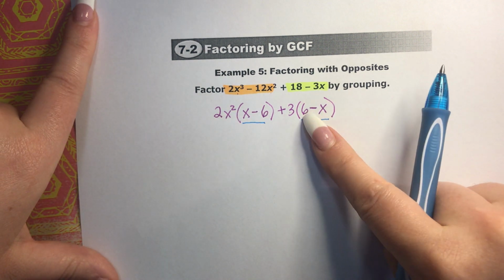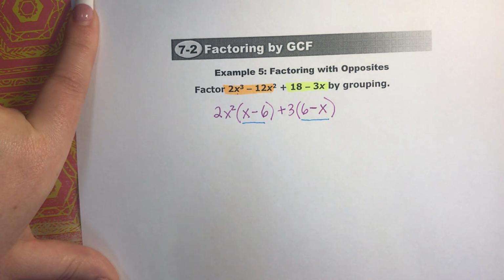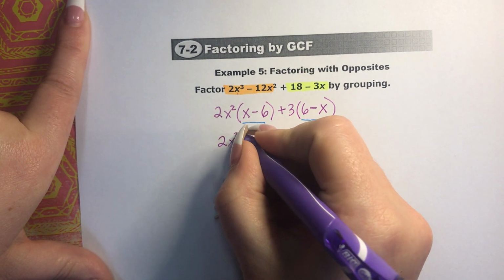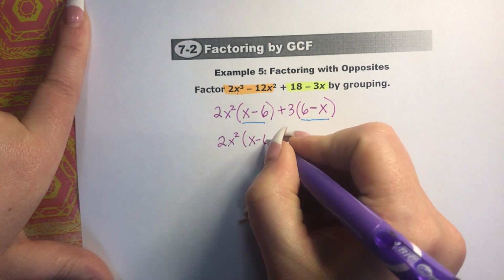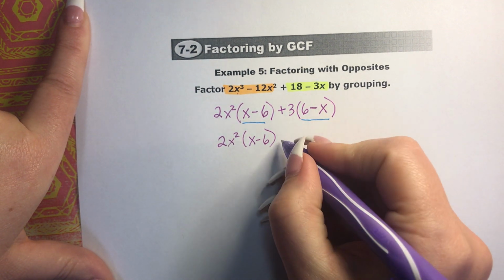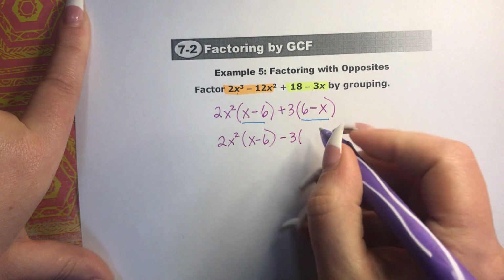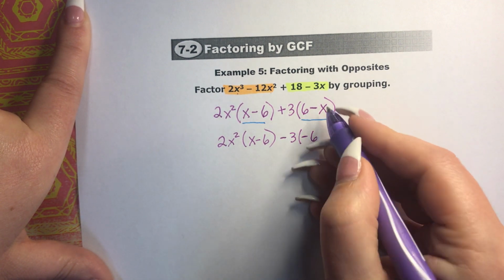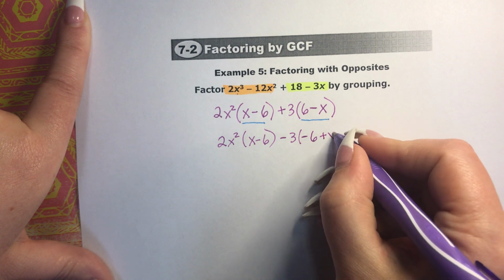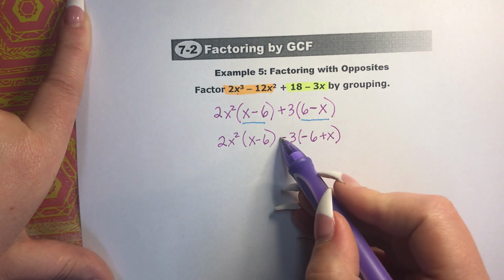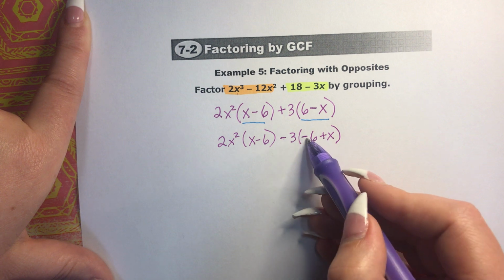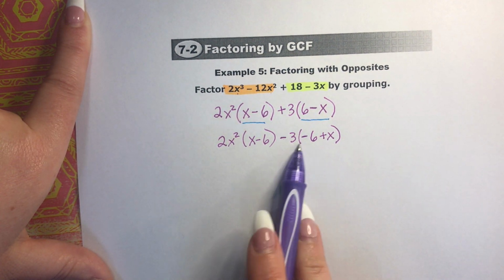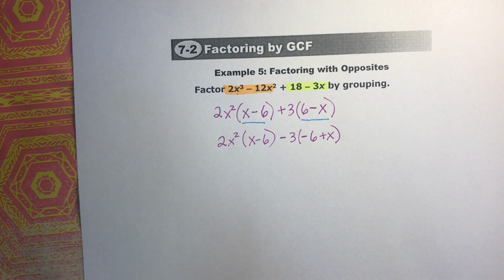For this one, I'm going to rewrite all of this and factor out a negative. When I do that, this positive becomes negative, and this negative becomes positive, because if I distribute that negative back, negative times a negative is a positive, negative times a positive is a negative. So it's the same thing, I'm just rewriting it a different way.